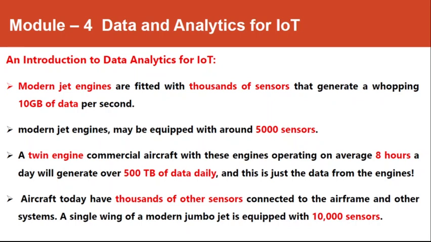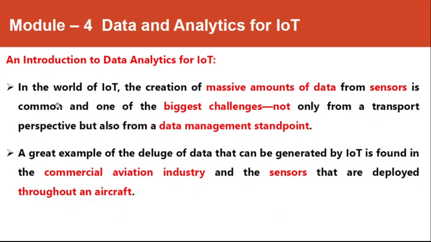So we can think how much data is generated, as well as how to handle it. How to get knowledge or information from the data generated by jet engines is a challenging task. Another example of data generated by IoT is the utility industry.